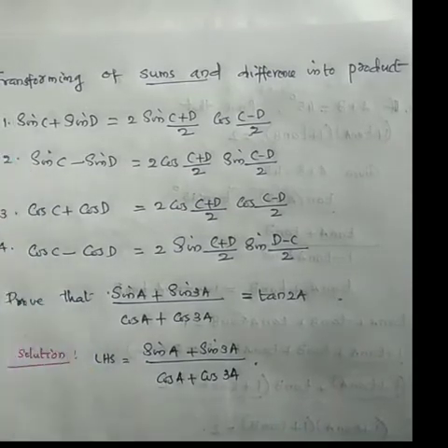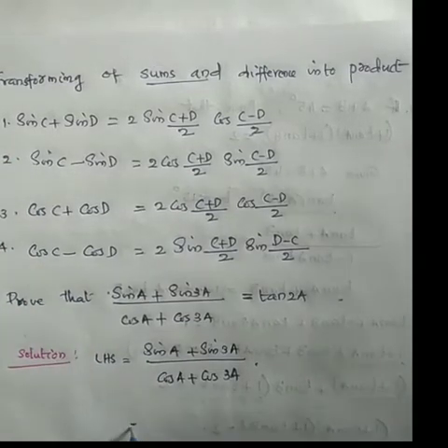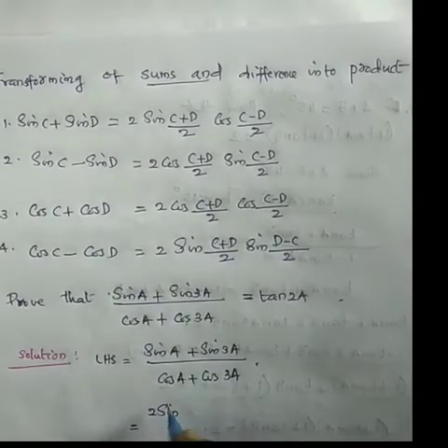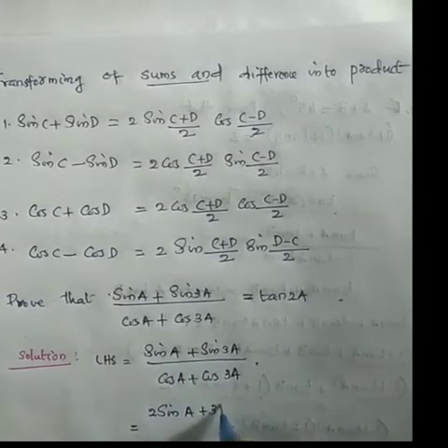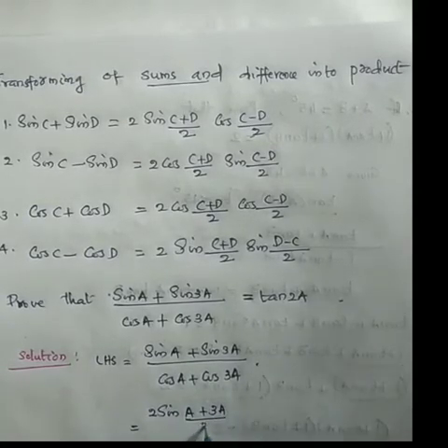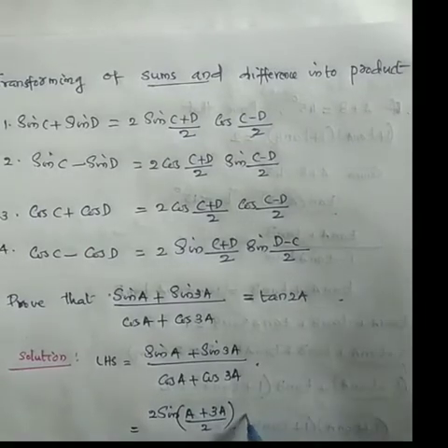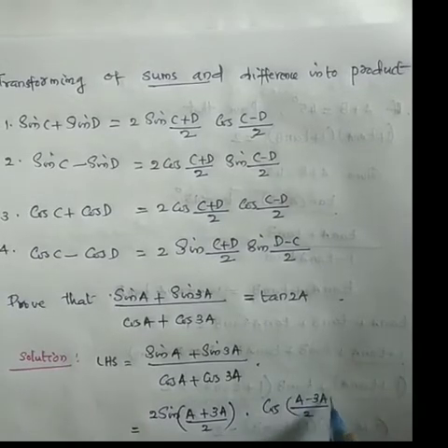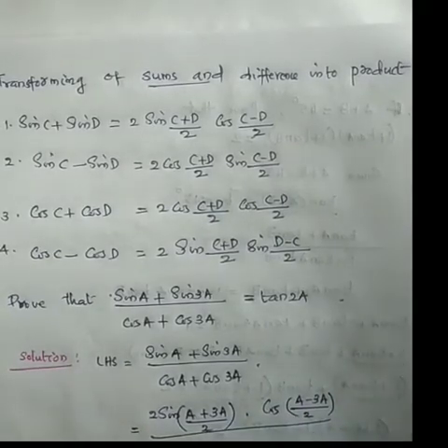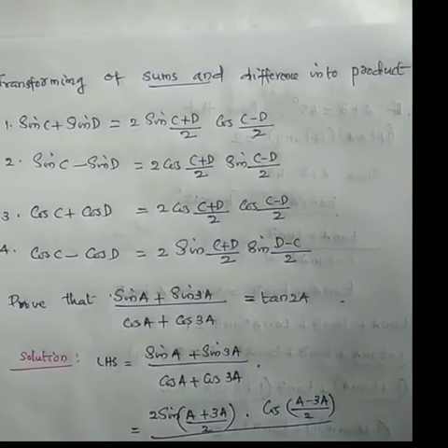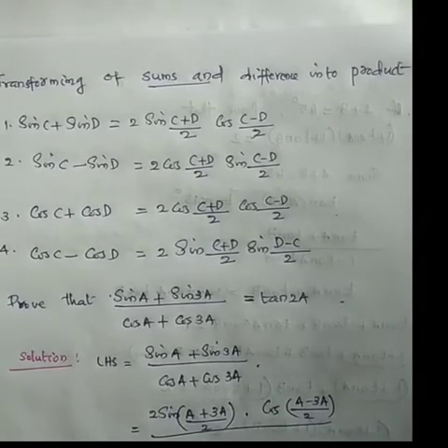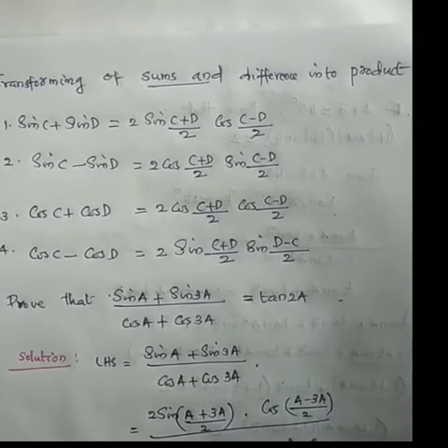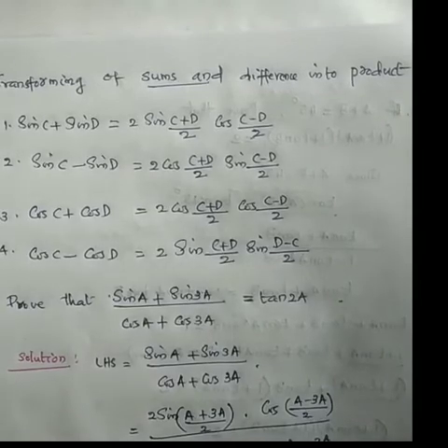Using these formulas, we can rewrite it as 2 sin((A+3A)/2) cos((A-3A)/2) divided by 2 cos((A+3A)/2) cos((A-3A)/2).